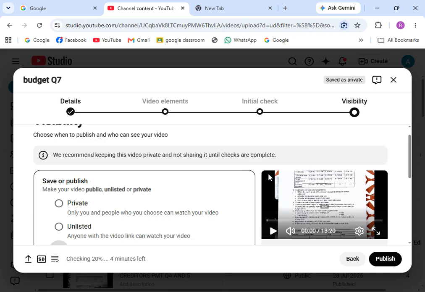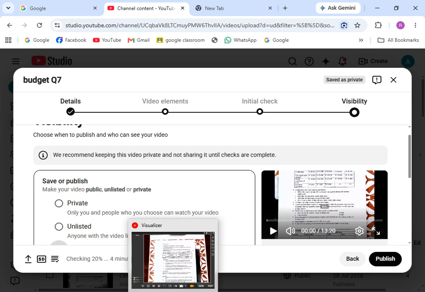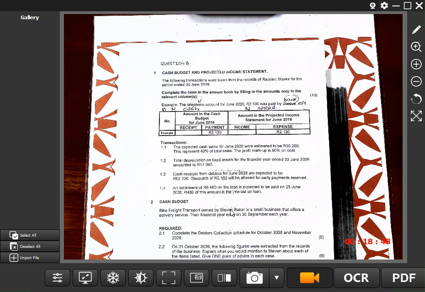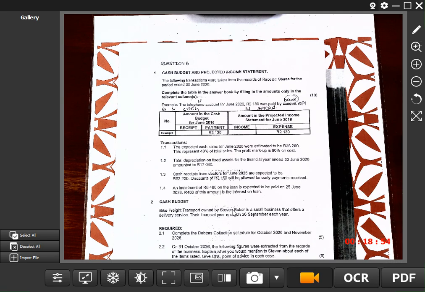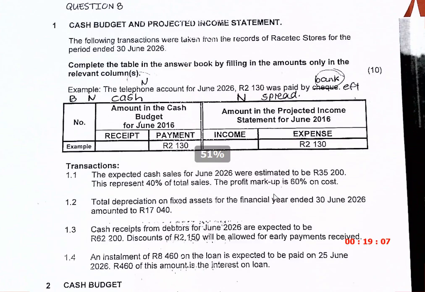Okay, let me quickly go through and see that you understand. The sales in the income statement, right? Is both the credit and the cash, is it combined or separate? In the income statement, it's both in one. Okay. So let's quickly do this one.